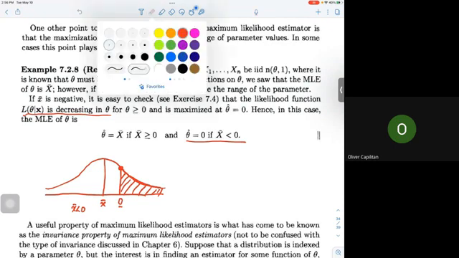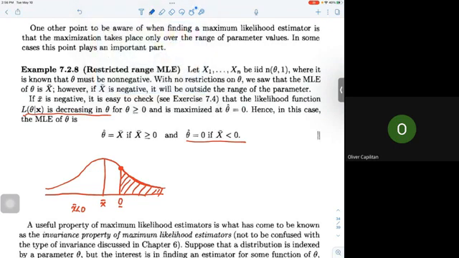Yung pangalawa naman, alam naman natin yun, sa graph. Na-solve natin ito in our previous example, pero kung tingnan natin yung sa graph, okay, so ito yung sample mean natin, x bar.